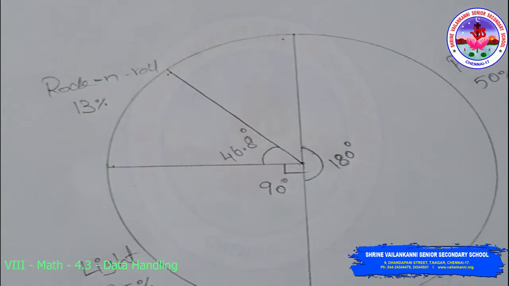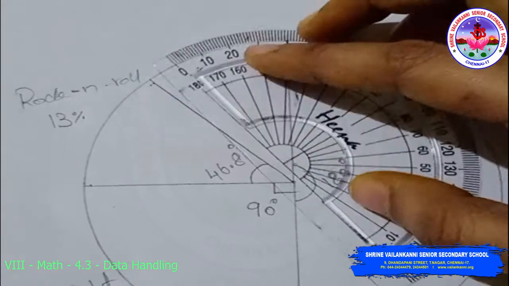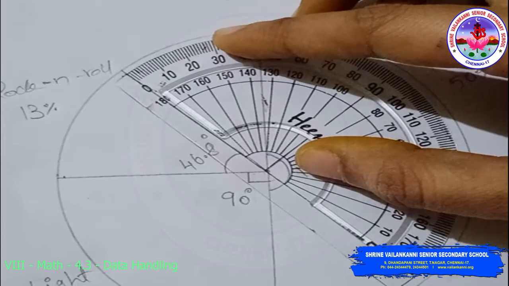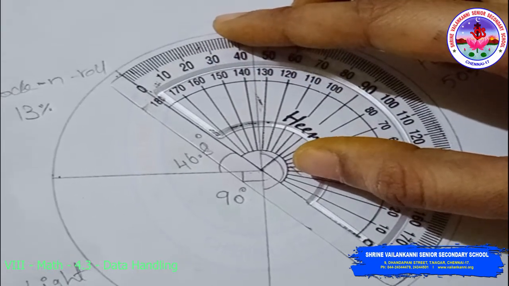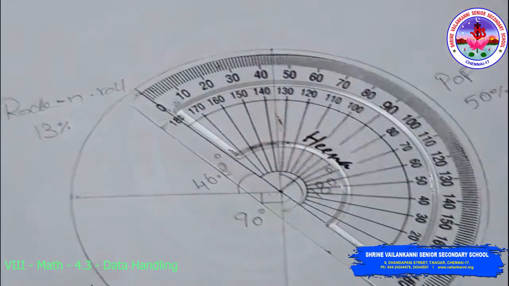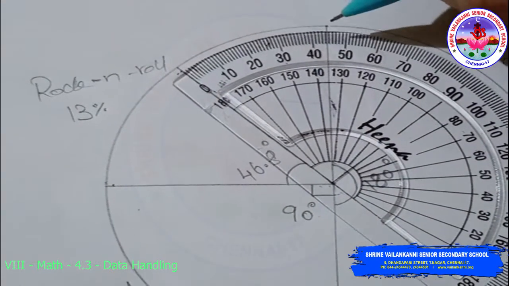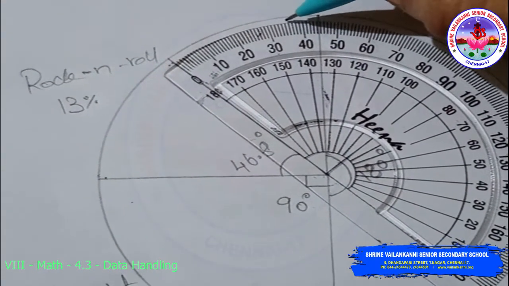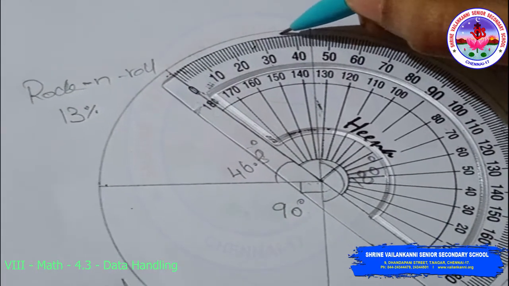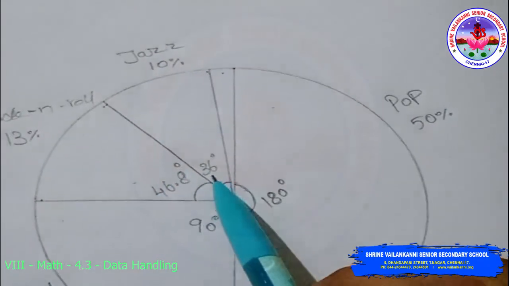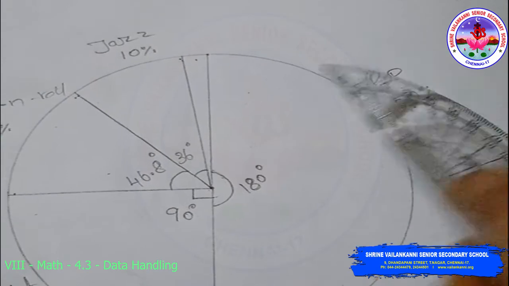Next, draw the jazz. Jazz is 36 degrees. Now draw the line. Jazz, 36 degrees. Jazz is 10%. Now the last one is classical.